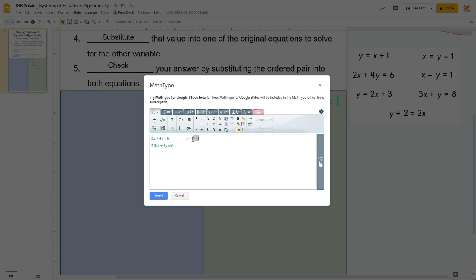And I'm going to copy this. That should be a plus. I don't know why I accidentally put an equal. Okay. Oh, no, not a plus. I can't even read the thing. Minus. There we go. Minus.